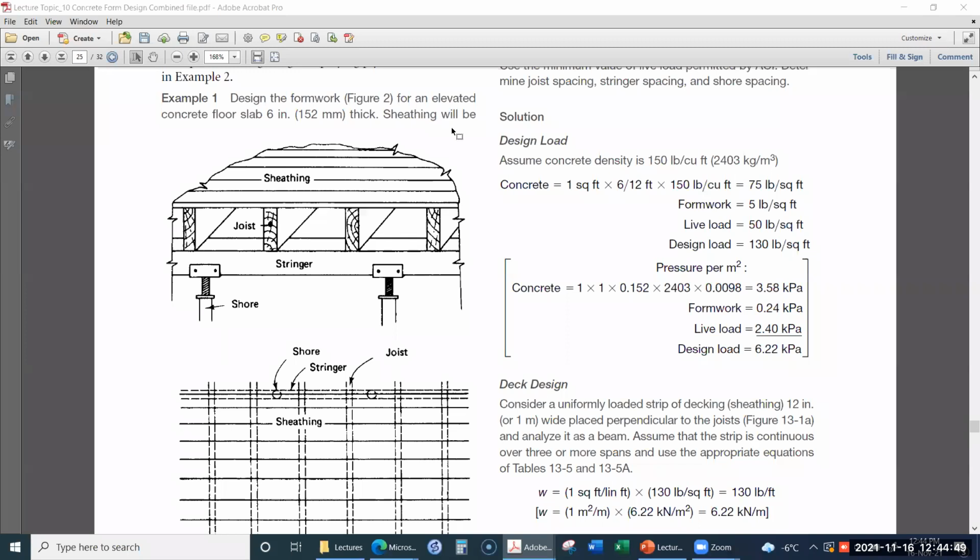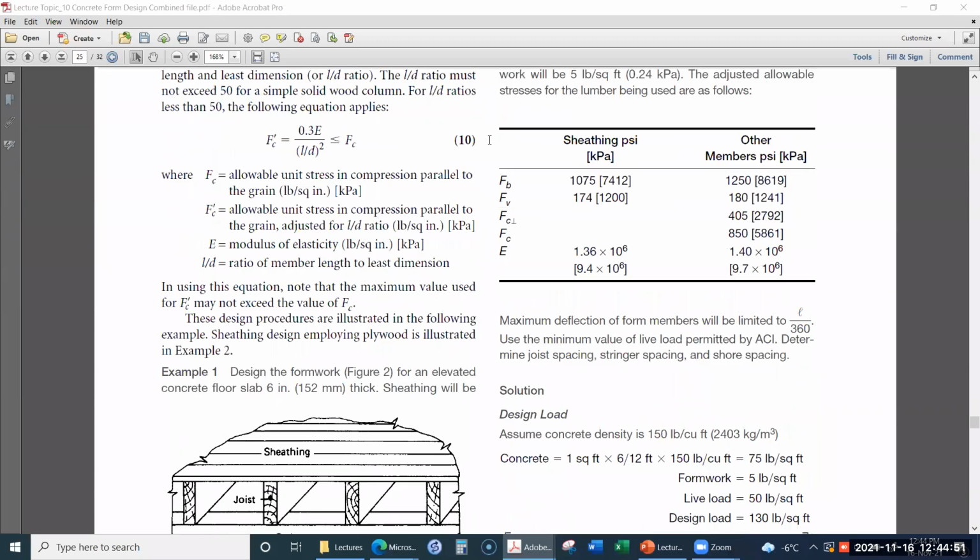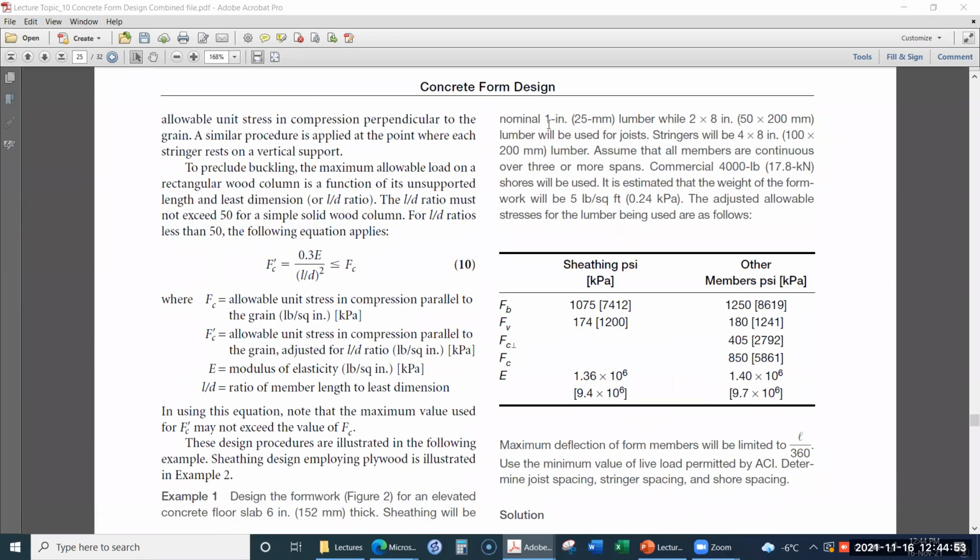Sheathing will be nominal 1 inch or 25 millimeter lumber, while 50 by 200 millimeter lumber will be used for joists. Stringers will be 100 by 200 millimeter lumber. Assume that all members are continuous over 3 or more spans.